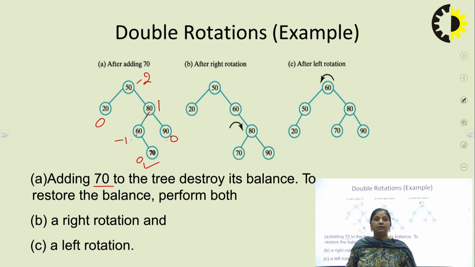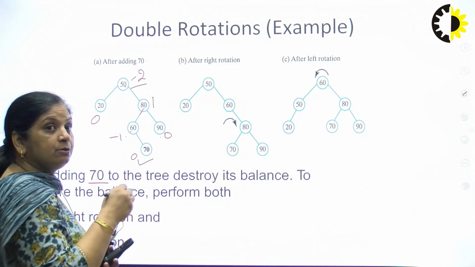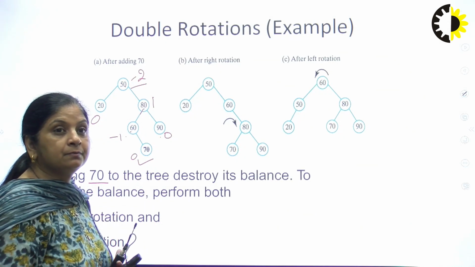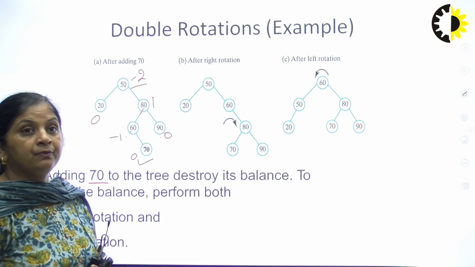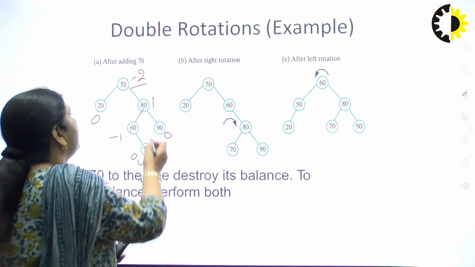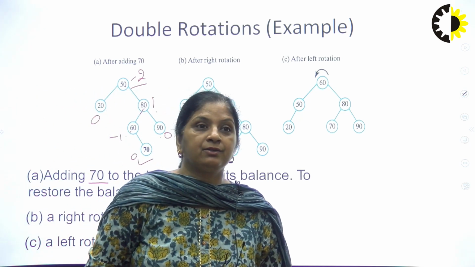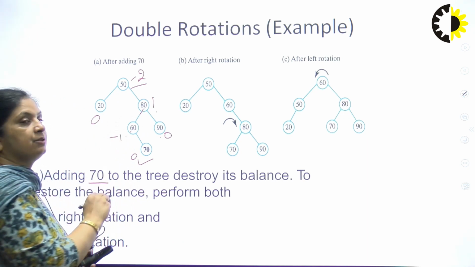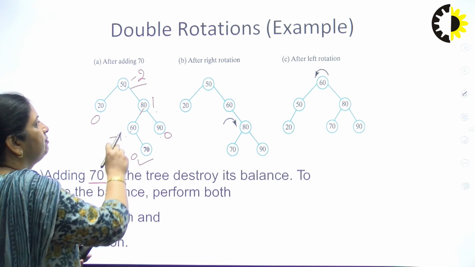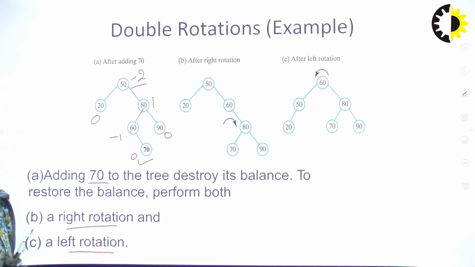Now when you see this, we are having a minus sign, so we will check the right subtree. In the right, we are having a positive. Okay, so we need a double rotation. Firstly, we will do the right rotation and then the left rotation.